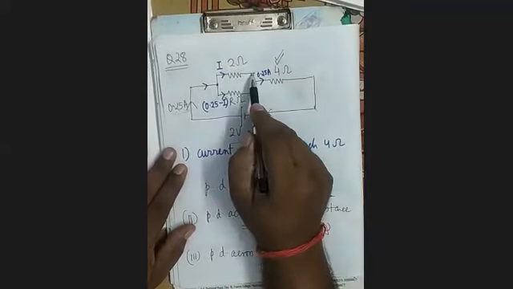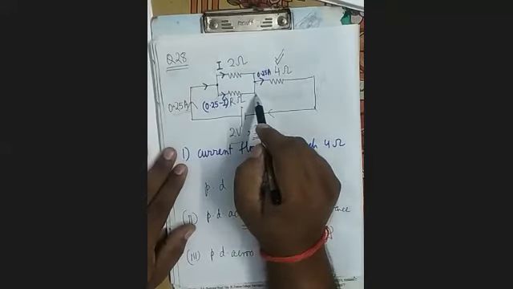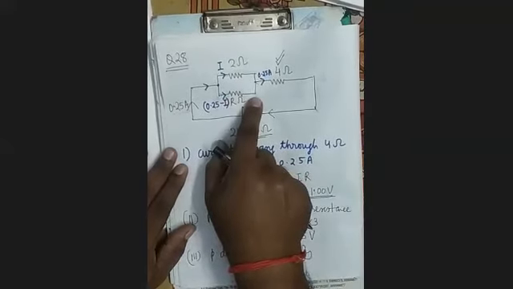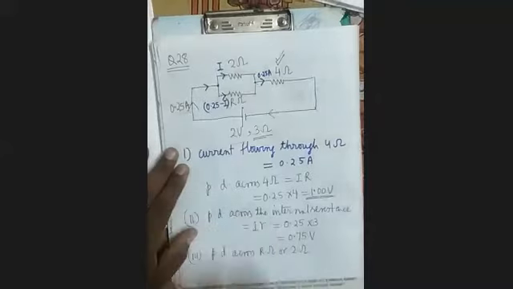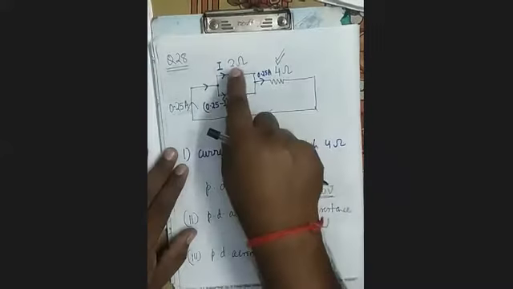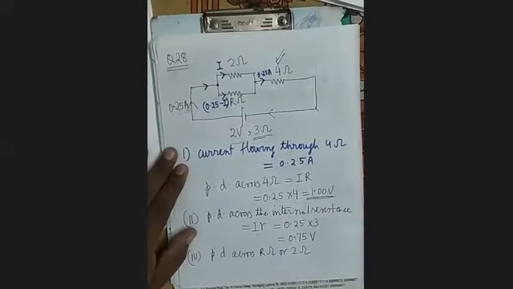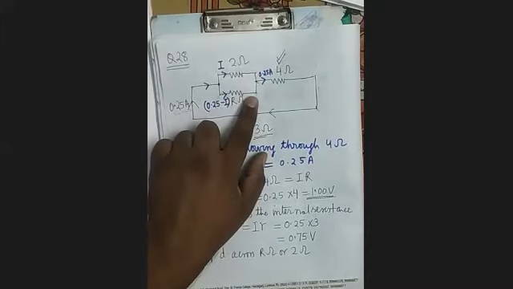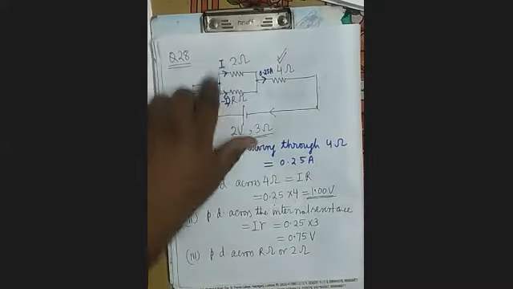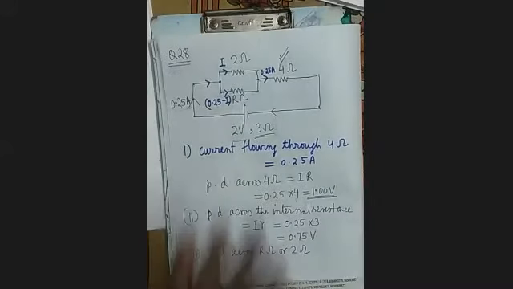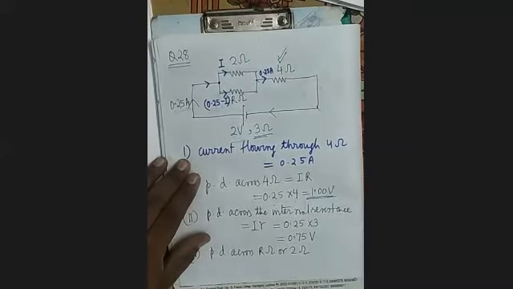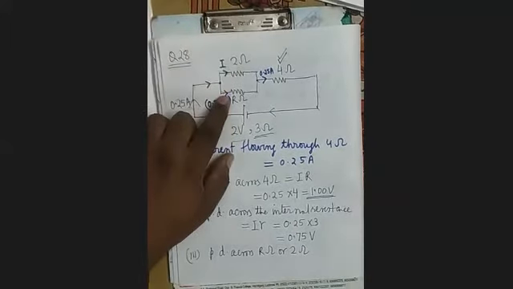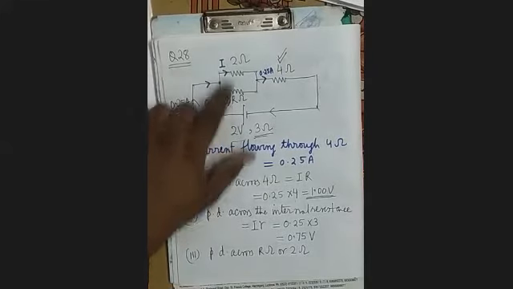Whatever potential difference is here will be the same here. Suppose there is a drop of 5 volt here, so here also there will be a drop of 5 volt. What will be the total potential drop? That will also remain 5 volt in the parallel. It doesn't mean that 5 plus 5 becomes 10. This is the rule in parallel: the drop across one is the same across the other, and the total is also the same.